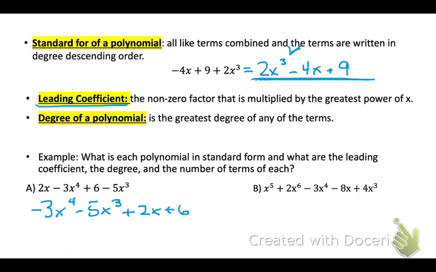That is in standard form. What is the leading coefficient? Negative 3. What is the degree? 4.